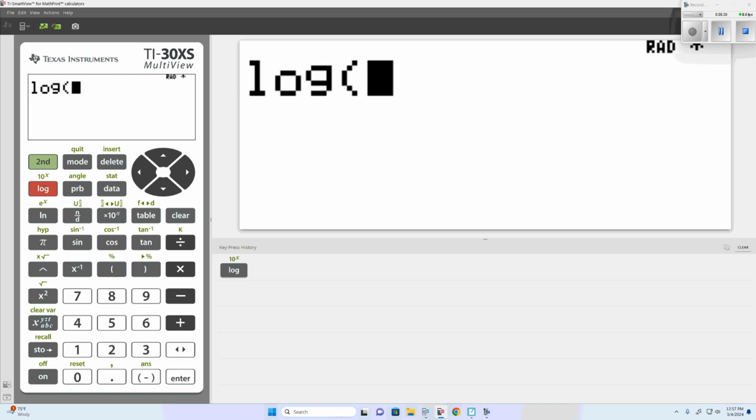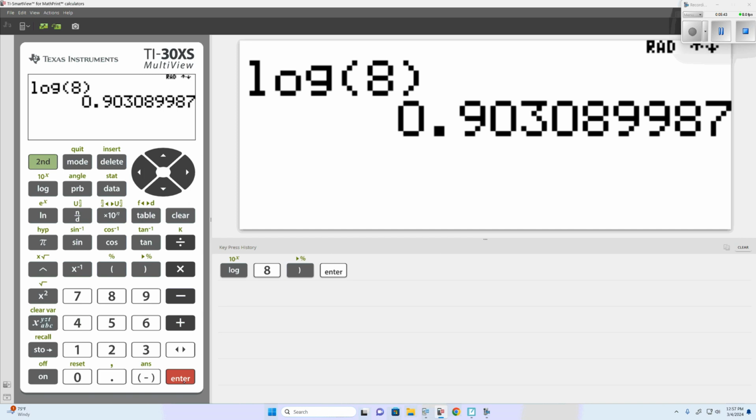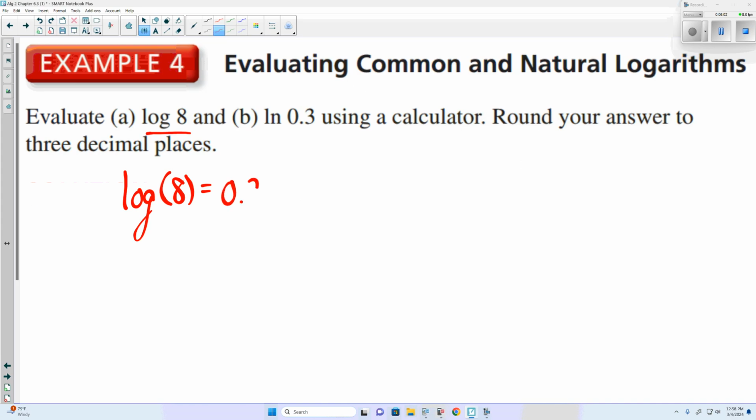So log of 8 is 0.90308997. I normally go 4 decimal places.